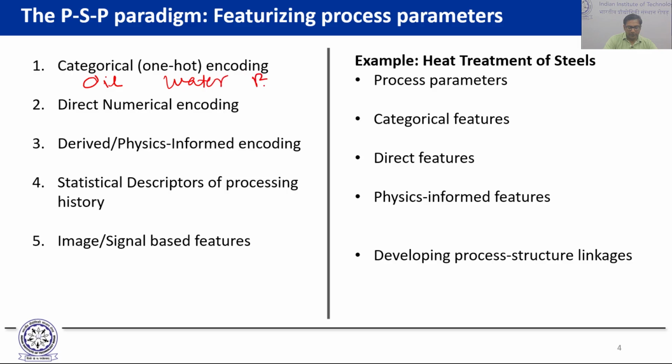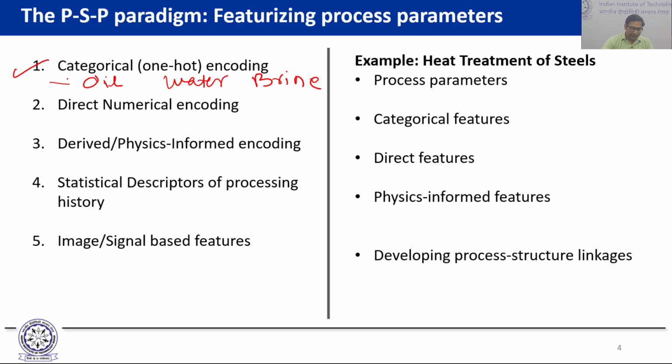Is it something like a brine solution? There is no way in which you can convert oil or water or brine into numerical values. So what you have to do is employ one-hot encoding, and assign a numeric value for each of these media. So this is how you can use categorical encoding in order to featurize your process parameters.